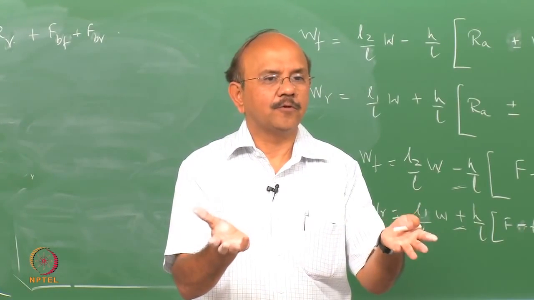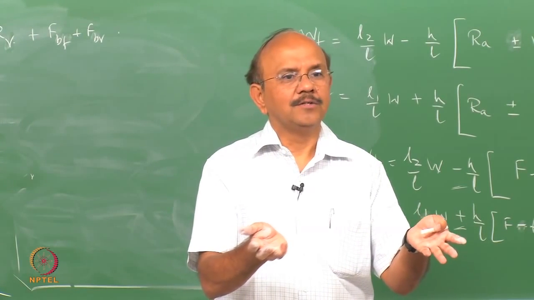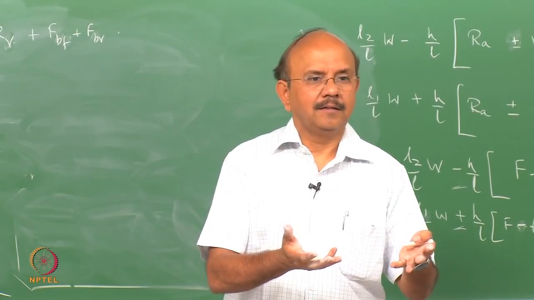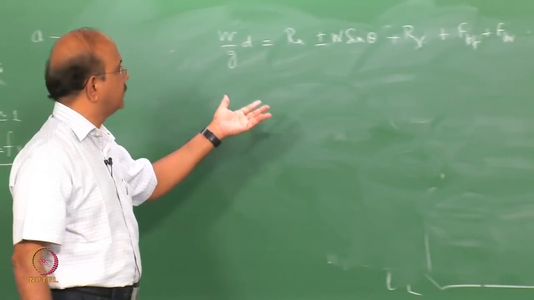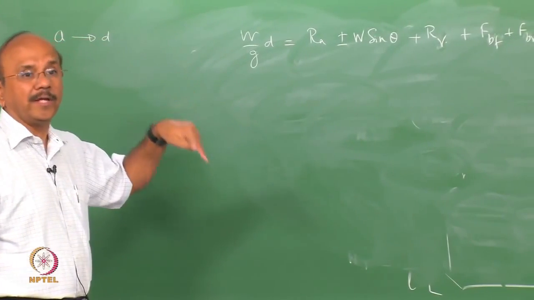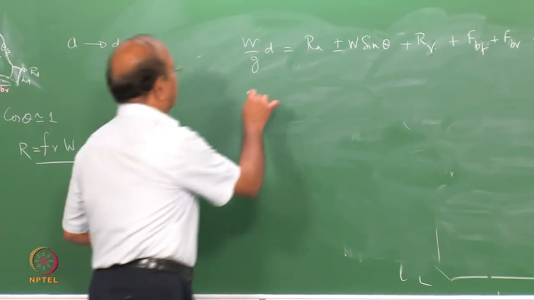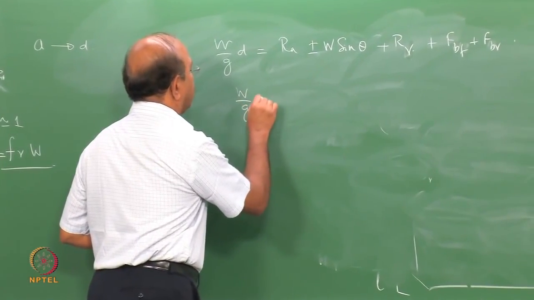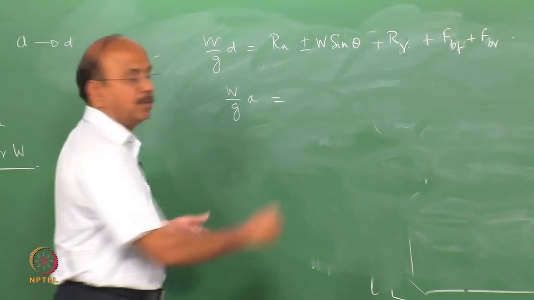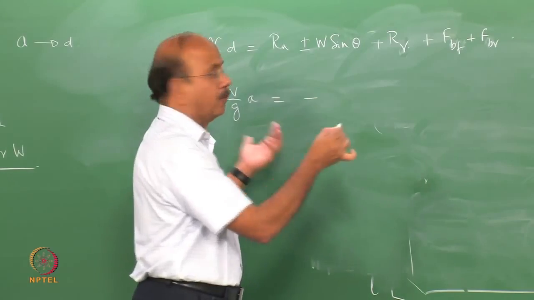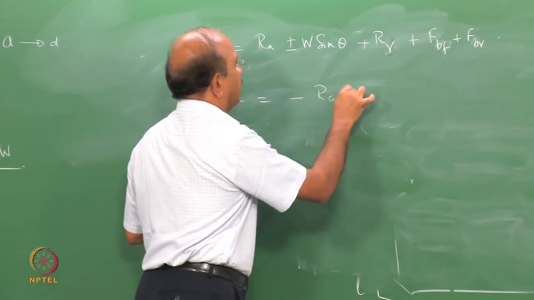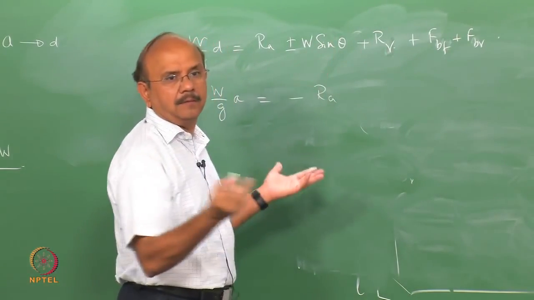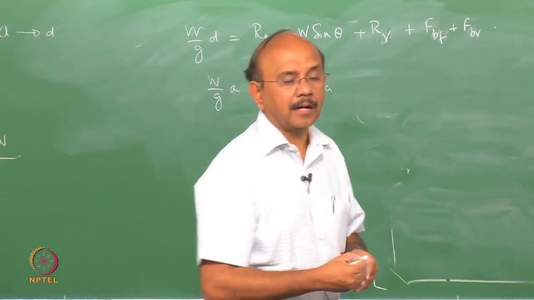The deceleration is written like this. Actually, how should I write this? I should have written W by g into a is equal to minus Ra minus Rr and so on.